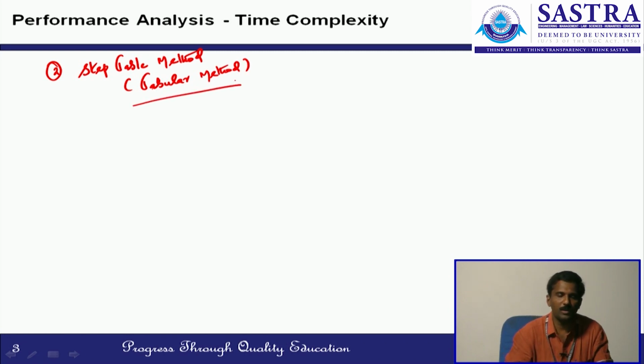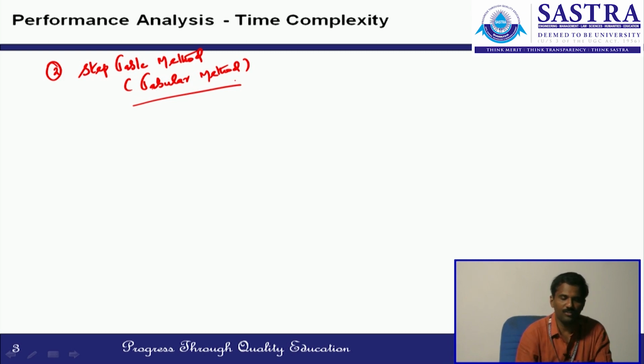As the terms imply, we need to construct a table so that we can easily find the total number of instructions of the given algorithm. Compared to the step count method, we can easily construct the table so that the total number of execution steps of the algorithm can be computed easily.